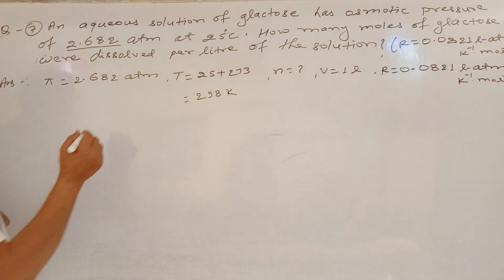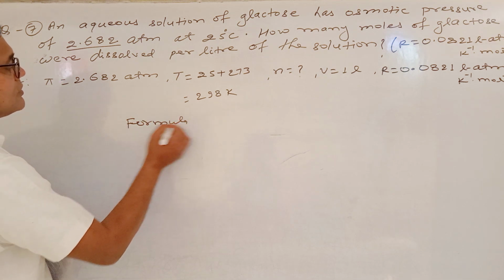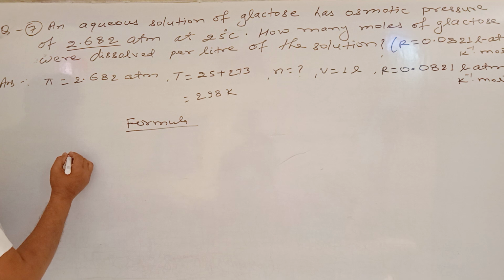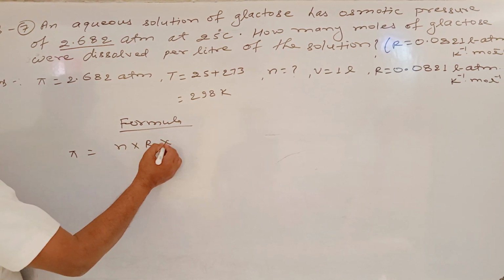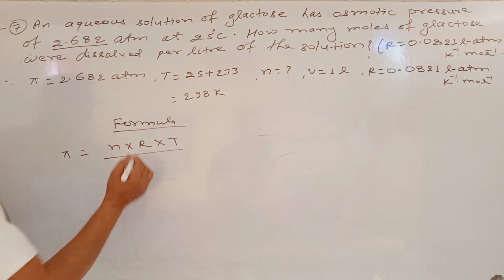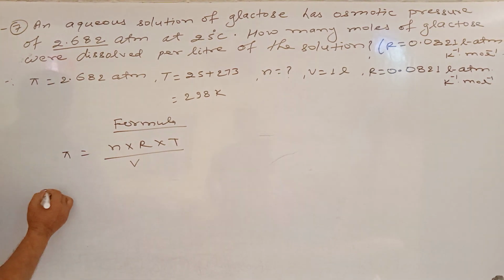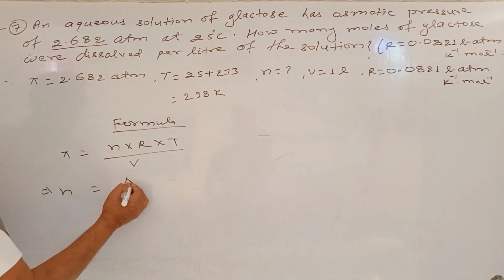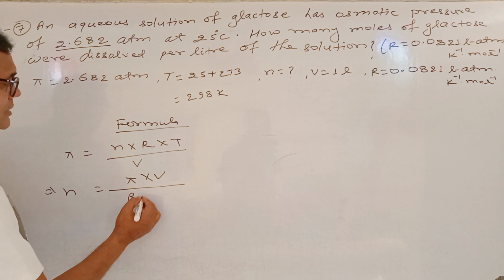Now we write the formula. Pi is equal to N into R into T upon V. It is the formula. Therefore we write N is equal to pi into V upon R into T.